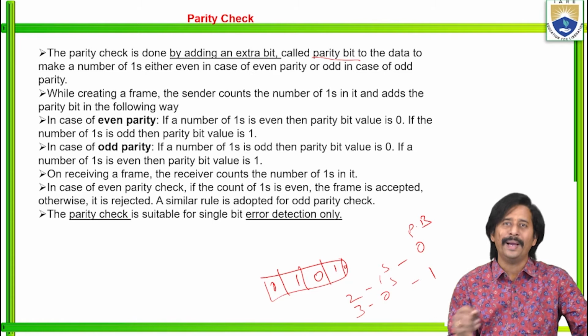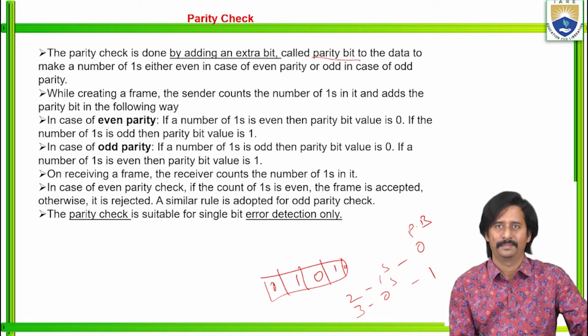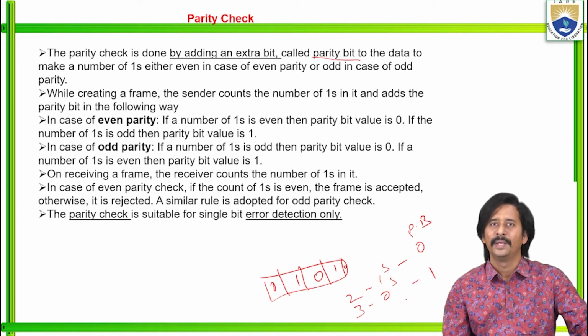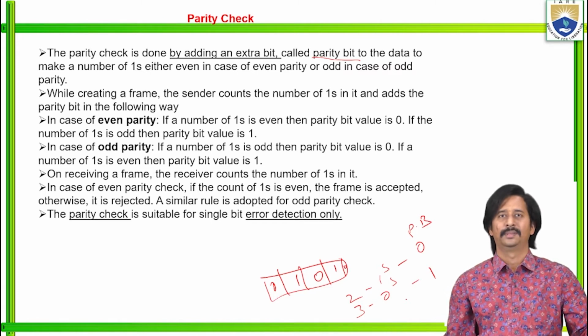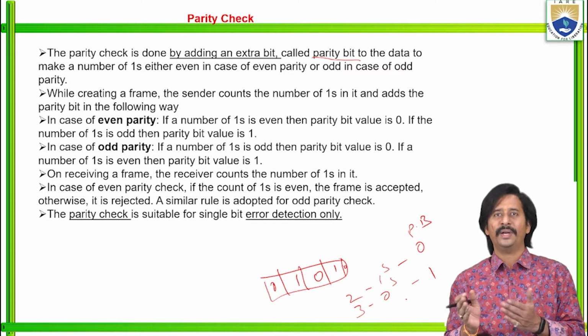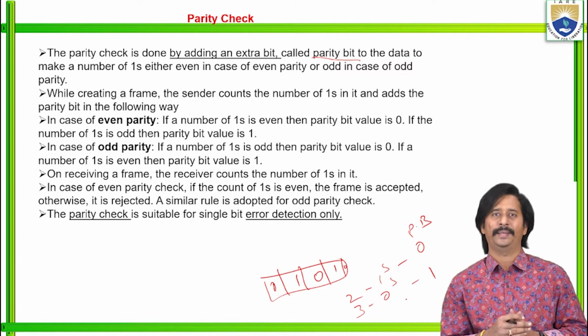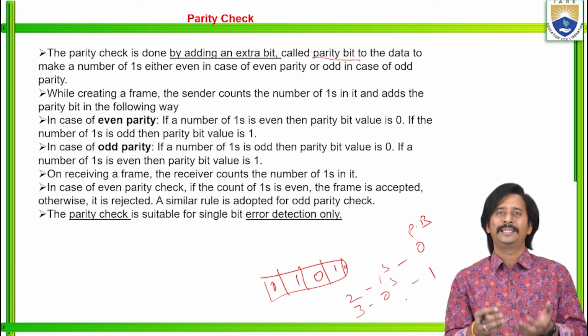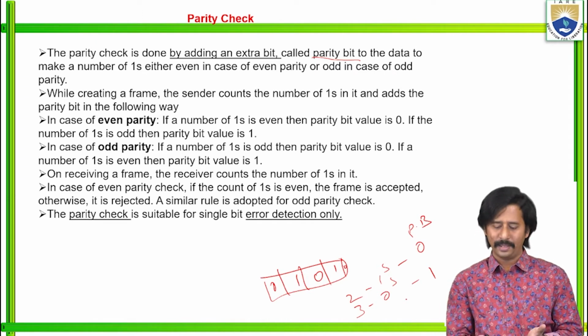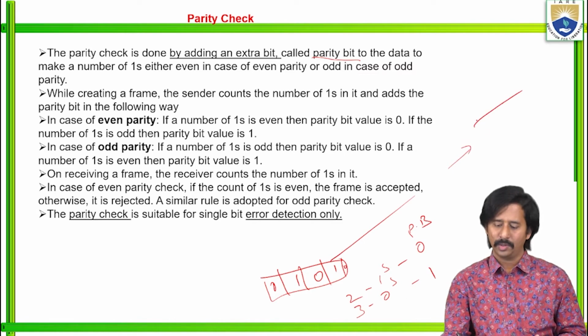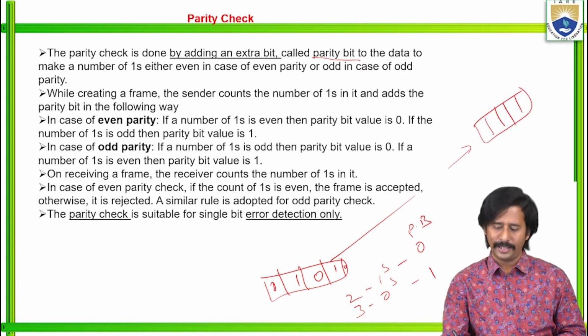In case of odd parity, if the number of ones is odd, then the parity bit is 0. If the number of ones is even, then the parity bit value is 1. So there is a difference between even parity and odd parity.